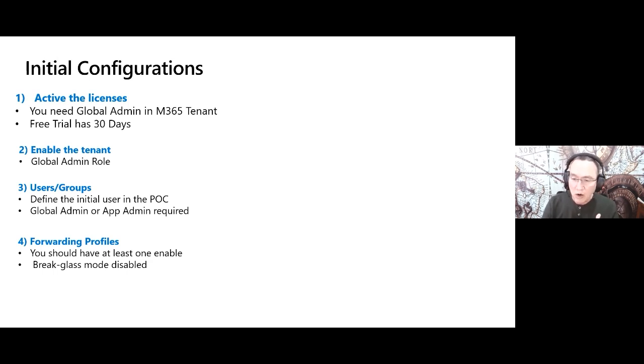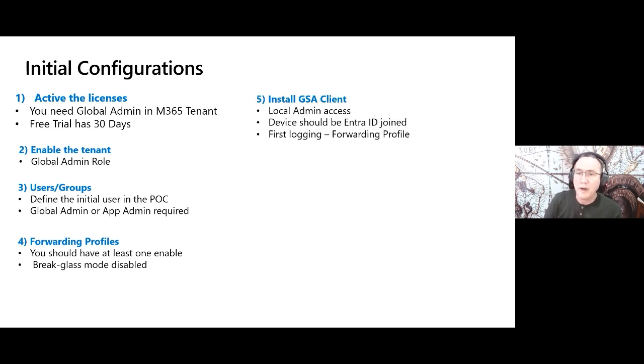You can start to see the logs in the dashboard. You're going to see that the client is reviewing and picking up traffic if you want to apply policies. So my advice is to enable at least one forwarding profile. If you are going to test private access in this POC, perfect. Enable only private access, and then you are going to start to work with any planning.